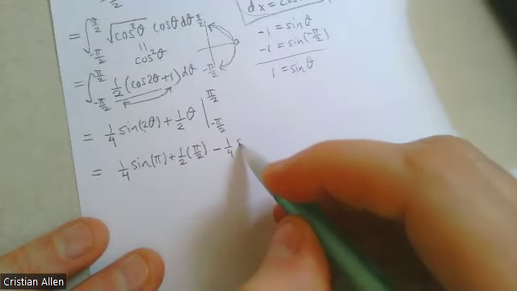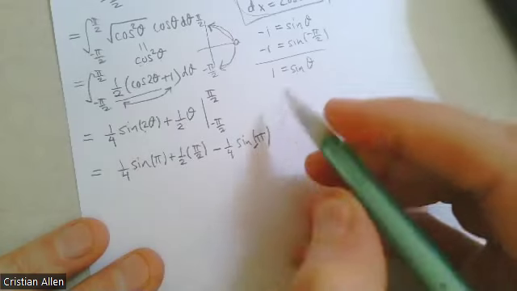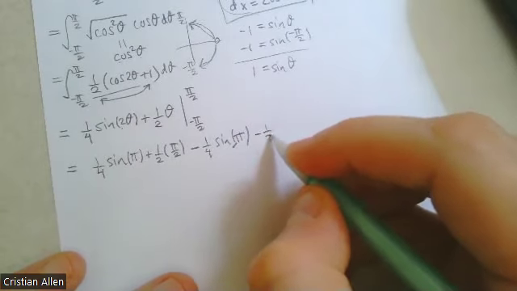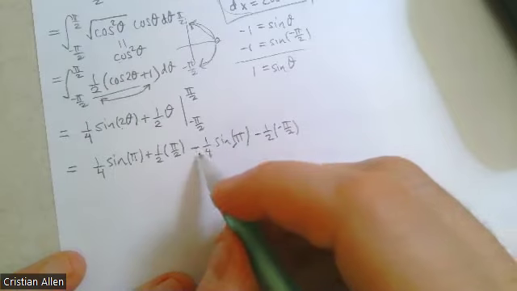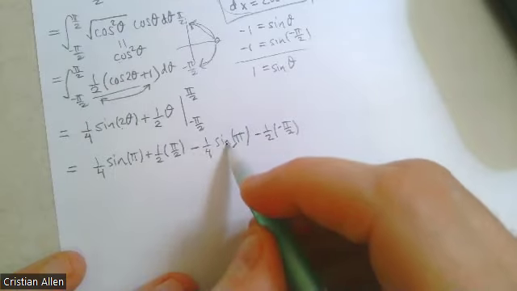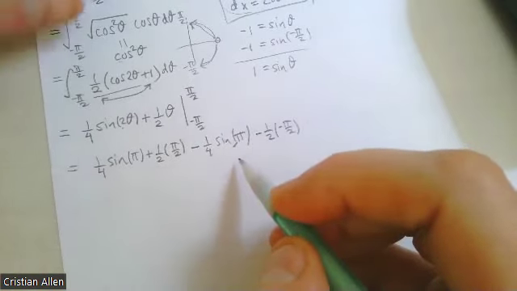Minus, plug in the lower bound. Again, it's going to be negative pi. I almost missed that negative there. Minus here. Okay, let's double check that I didn't make a mistake there. Minus 1/4 sine 2 times negative pi over 2 is negative pi. Okay.